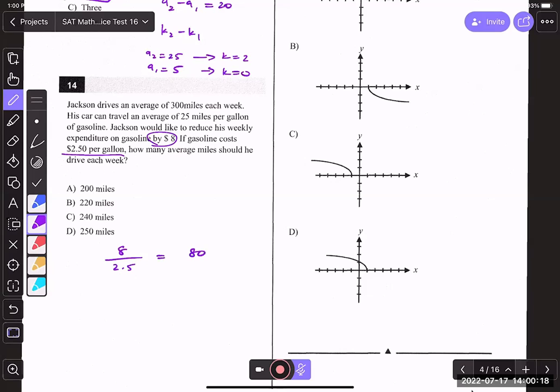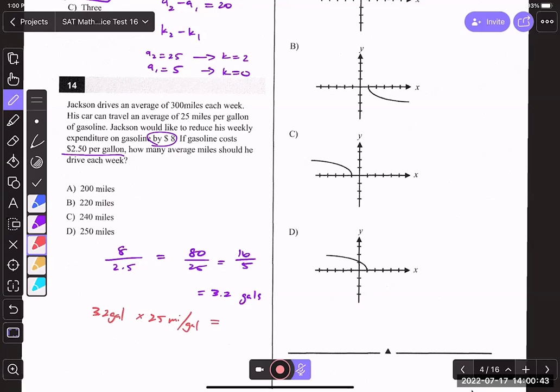That's equal to 80 over 25, which is 16 over 5, which is equal to 3.2 gallons. So we need to reduce our consumption by 3.2 gallons. So how many miles is that? Well, we can do 3.2 gallons times 25 miles per gallon.